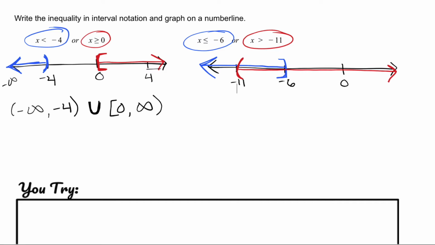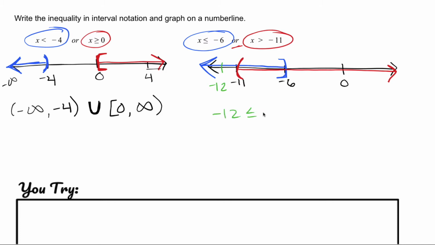This has overlap, kind of like the ones above did. But now we have to think, what is going to be in the answer? So let's just look here at -12. Is -12 less than or equal to -6?